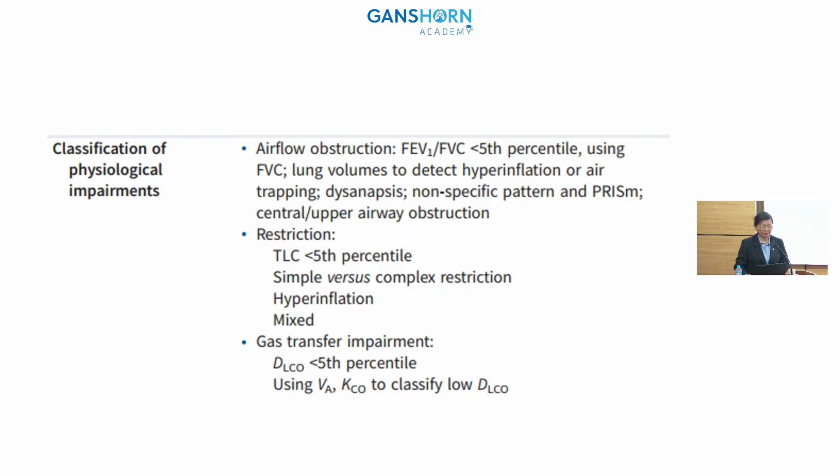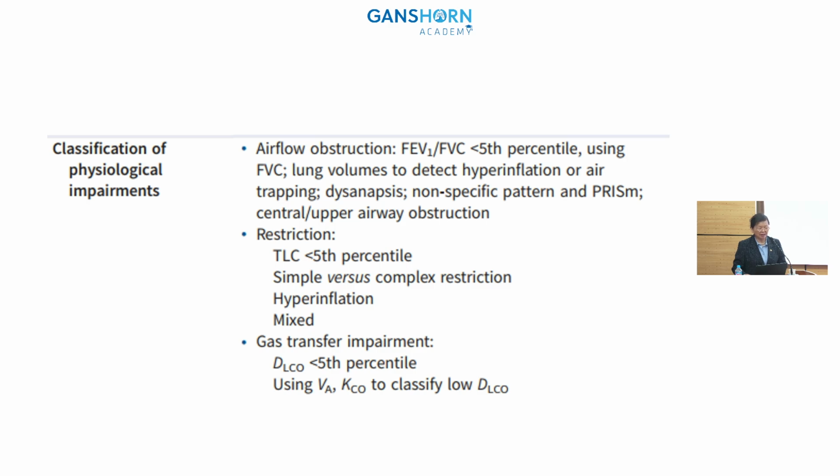this. For the classification of physiological impairment, for airflow obstruction, we will use FEV1 over FVC less than the 5th percentile, that is, less than the lower limit of normal. We could use FVC also.